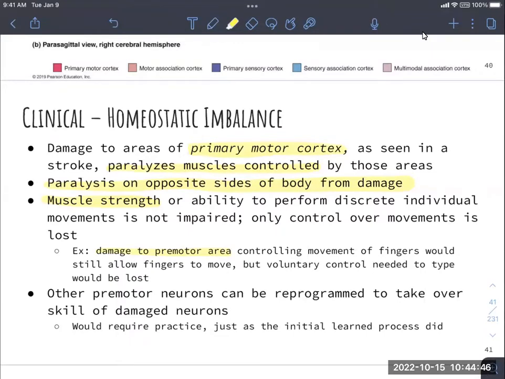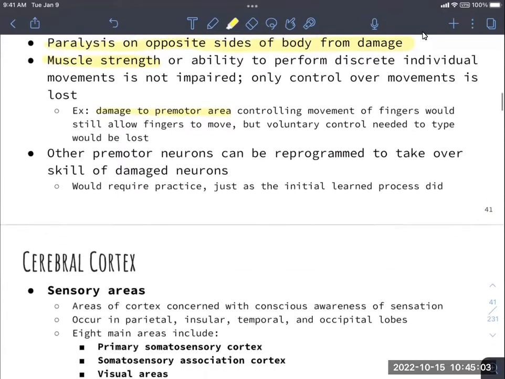So say you lost this ability to type. You can retrain your brain to use a different area of the brain to actually type. It's kind of cool. Your brain is pretty impressive. It does a lot of really cool things.